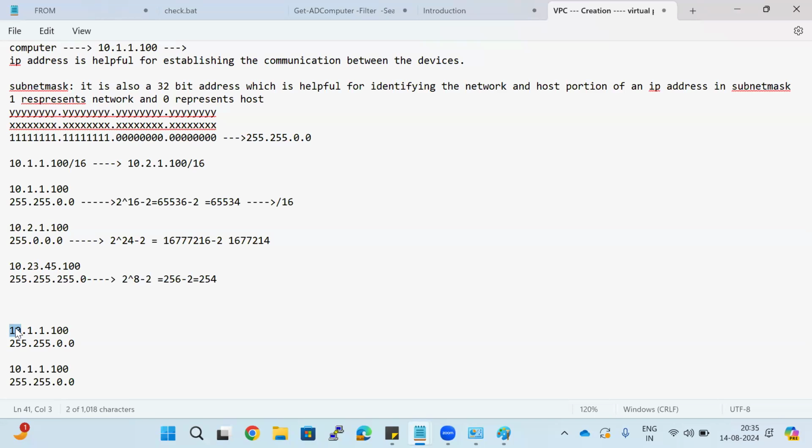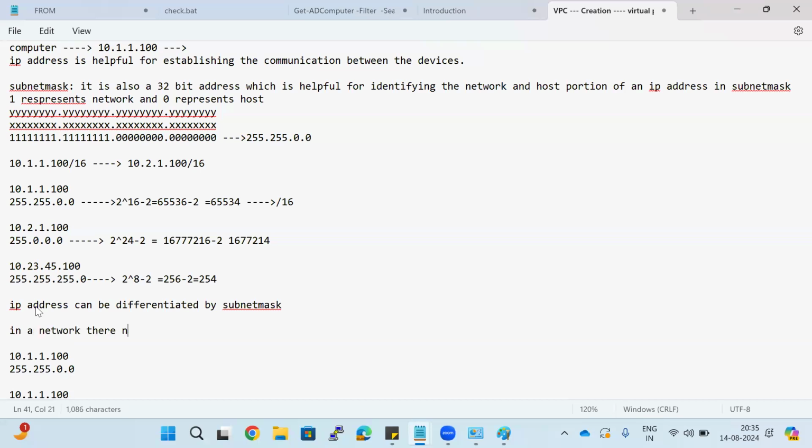So the first and foremost condition here is that in a network, we cannot provide the same IP address to 2 different devices.